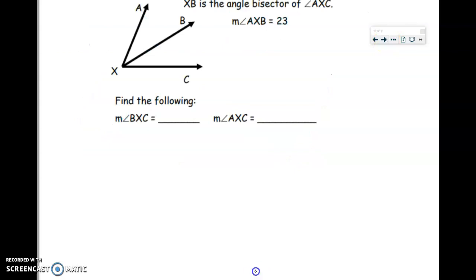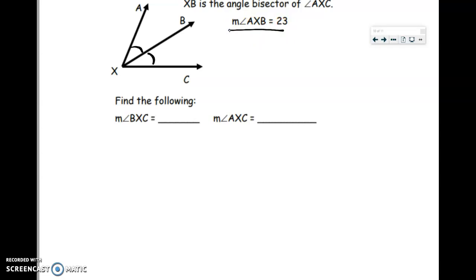All right, trying this one here. XB is the angle bisector of angle AXC. Once you draw in your arcs to show that they are equal, you are given a measure of AXB is 23.